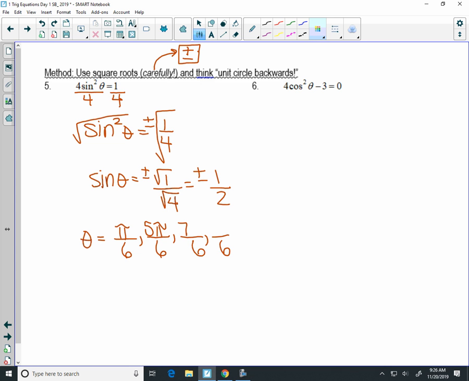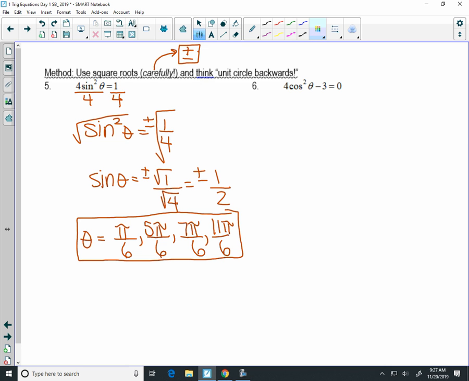Third quadrant is 7 pi over 6. Fourth quadrant is 11 pi over 6. You can write an equation for these solutions, and that's the extension for this. It's actually 2 equations for this guy. So you can't get the 6th and jump over the 3rd.